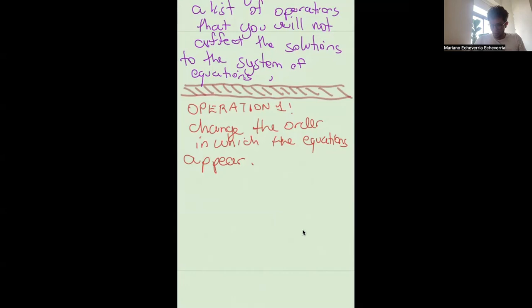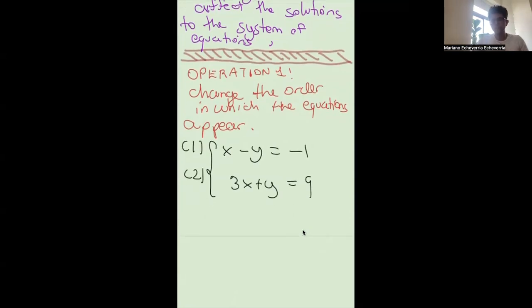Okay, but it's useful to see what that means, and I'll start explaining the notation that we'll use for this. Here's an example. If you have x minus 1 equals -1 and 3x plus y equals 9, right? If I give you those two equations, you can call them 1 and 2. This operation is just changing the places of 1 and 2.